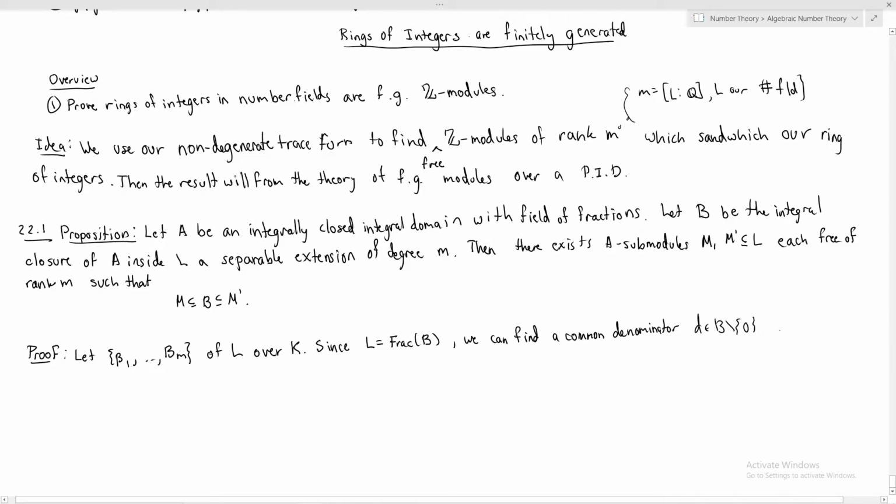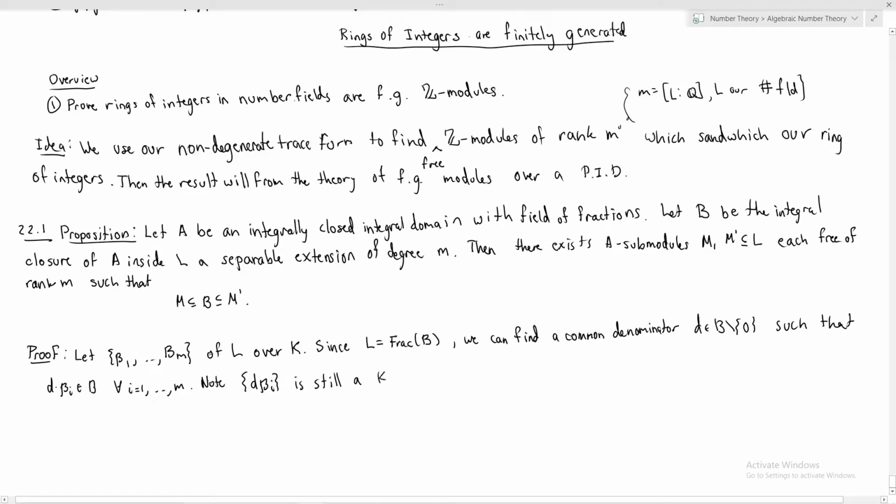It suffices to choose it in B, such that d times beta i is in B for all i between 1 and m. Note that this collection of d beta i is still going to be a K-basis for L. This is what's called an integral basis for L.